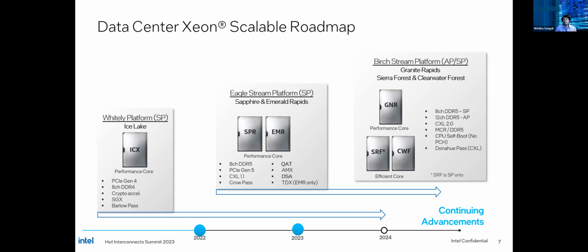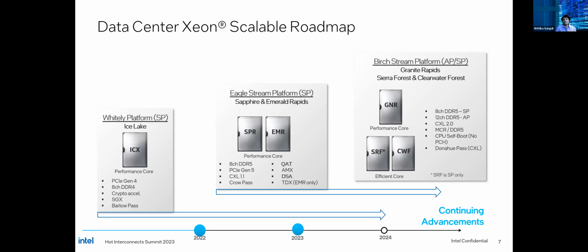And with Sapphire Rapids, we introduce a host of accelerators in addition to CXL and Gen 5 and other DDR enhancements. The accelerators listed on the right-hand side are QAT for Quick Assist Acceleration, which helps in crypto, compression, and a few others.